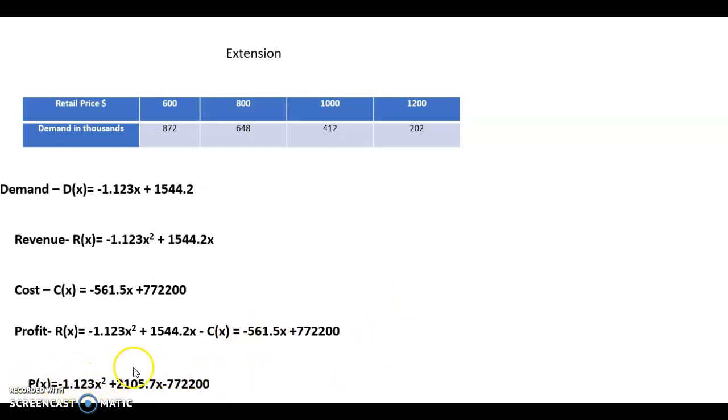So what we did is the x terms go together, so combine the like terms, and it's 1,544.2 minus negative 561.5x, and what we got was 2,105.7x minus $772,200, and the x squared term remains the same because it doesn't change.